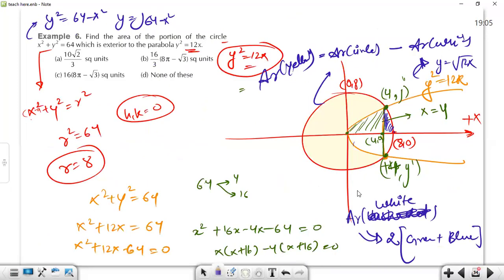Now further, we have solved the area of white, and the area of the circle is pi r square. R is 8, so the area of the circle is this. So we will subtract that. Sorry, we will subtract the area of white from the area of circle.